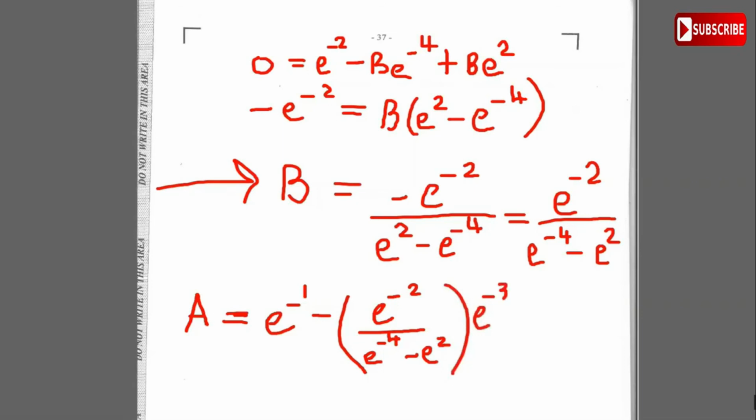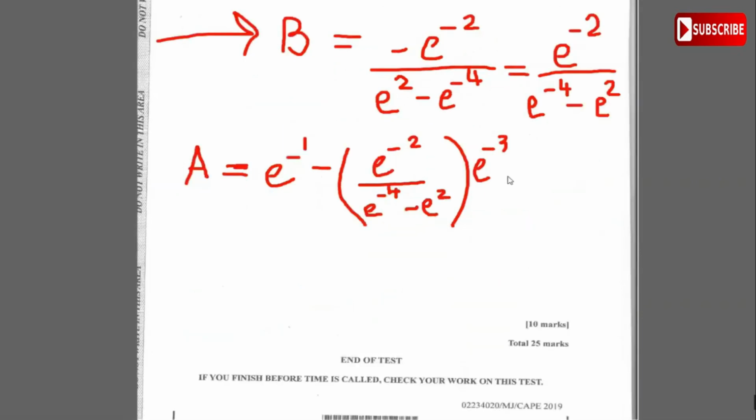And so what you can do is, since the bases are the same, we add the powers to get e to the minus 1 minus, this will become e to the minus 3 times e to the minus 2 is e to the minus 5 over e to the minus 4 minus e squared.